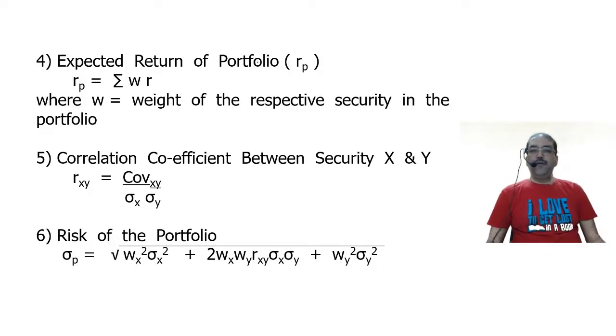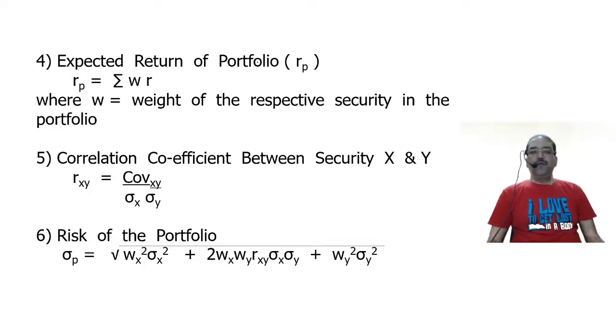Then we had risk of the portfolio, the standard deviation for the portfolio, which is the square root of wx square into sigma x square plus 2 wx wy rxy sigma x sigma y plus wy the whole square into sigma y the whole square. So these were the formulas that we had studied in the last lecture.